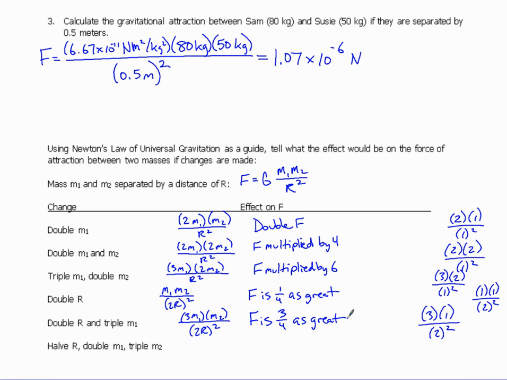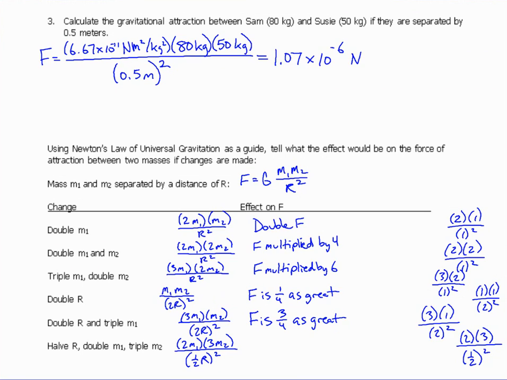If you have R double M1 and triple M2, let's put all these in here. Here's what we get. 2 times 3 times 1/2 divided by 1/2 quantity squared.